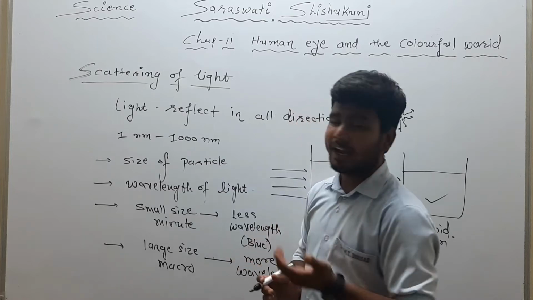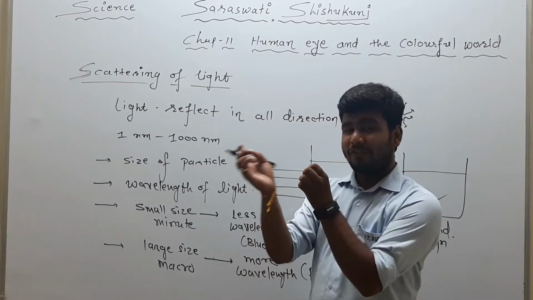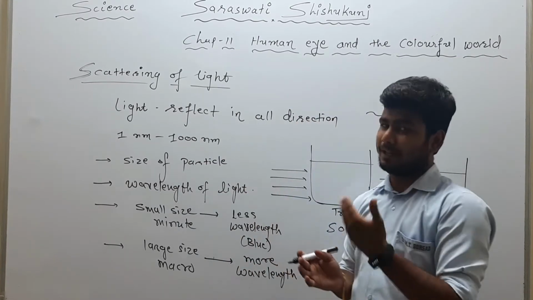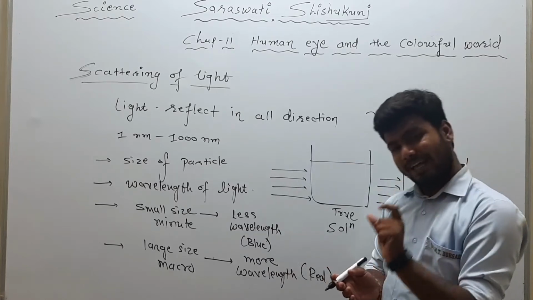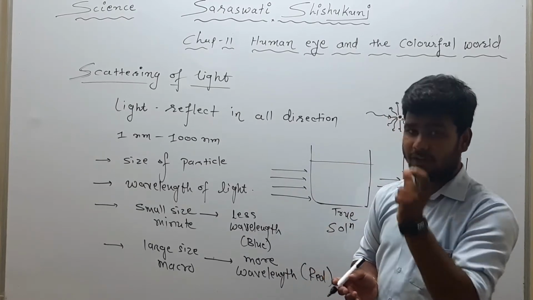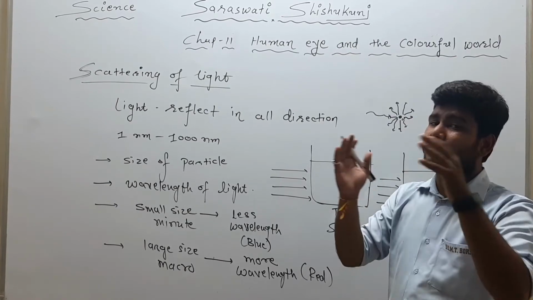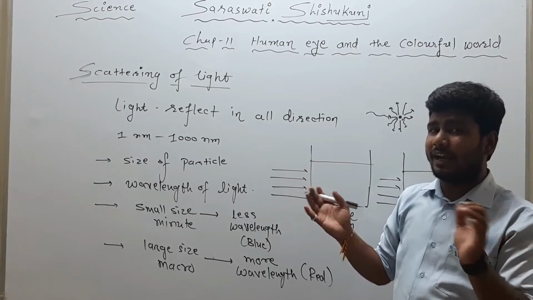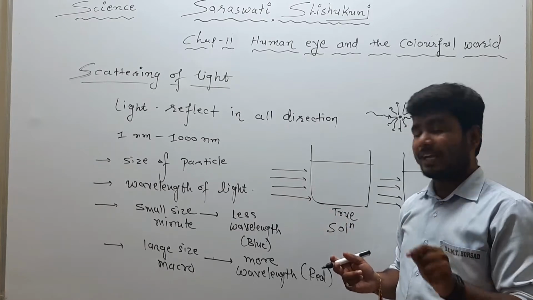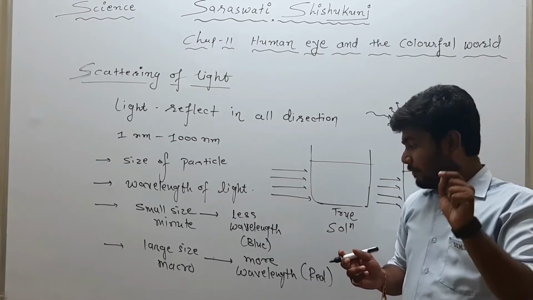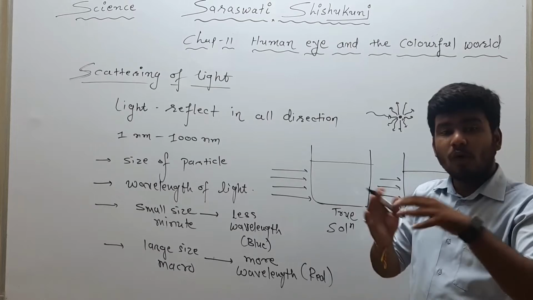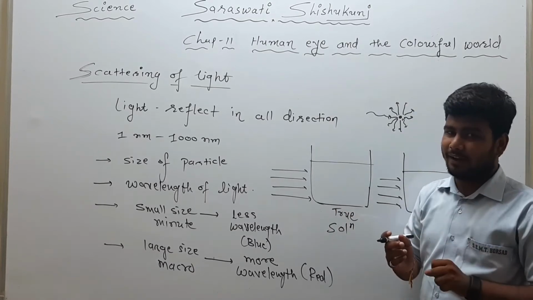So in scattering of light, what we can say, it's a reflection of light in all directions by the particles. It is dependent on the size of particles and on the wavelength of light. A small or minute particle will scatter the lesser wavelength light, means blue light, and the large size particle or macromolecules will scatter more wavelength light, means the red color light.